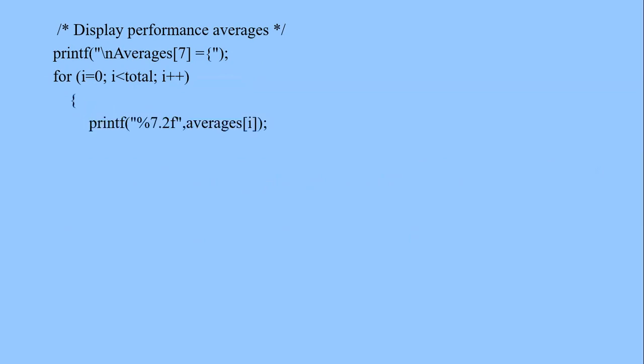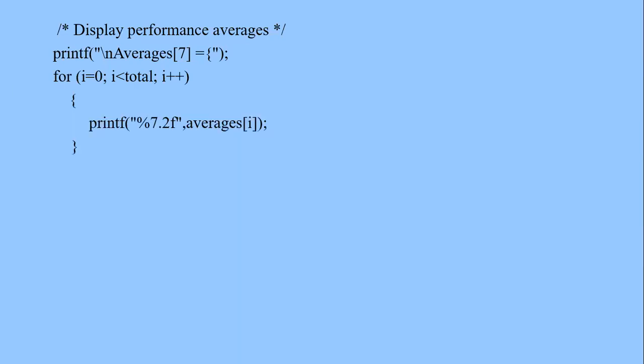And then we now display the performance averages. We use a for loop to output each of the averages, just as I've explained. We format the averages, the totals displayed, into 7 characters, with 2 of them being reserved for the decimal point.